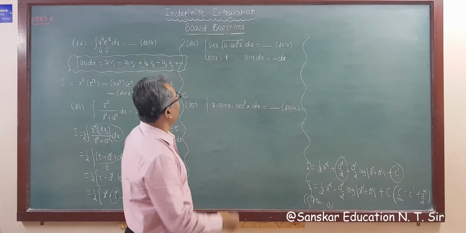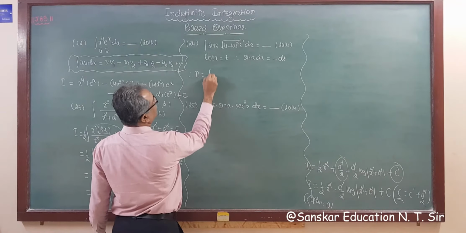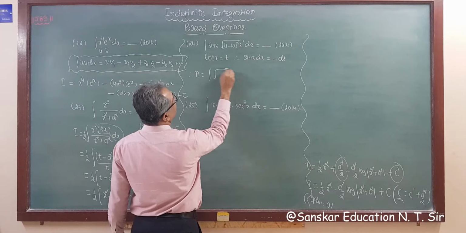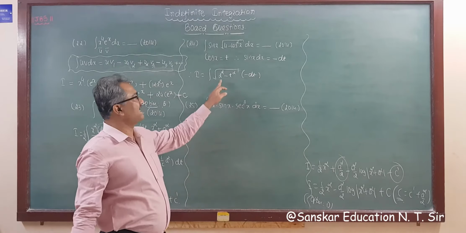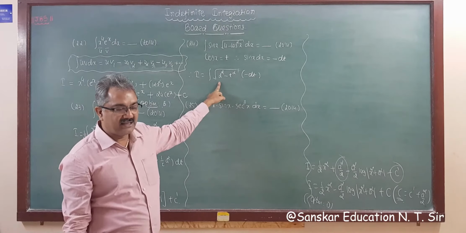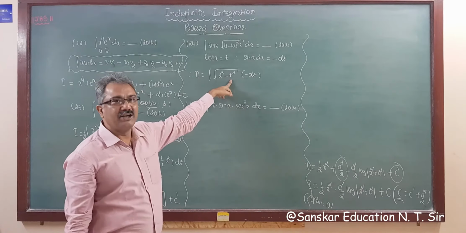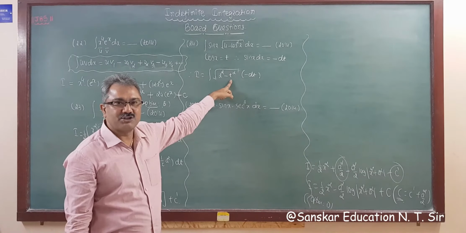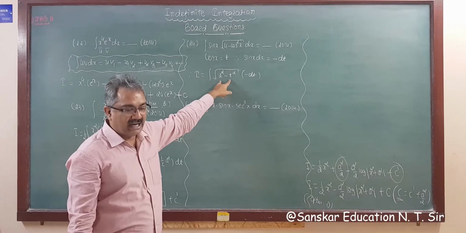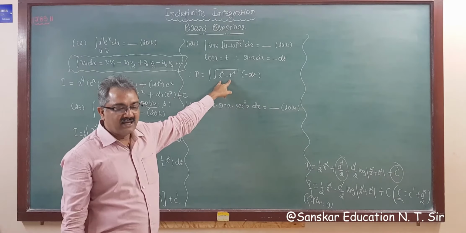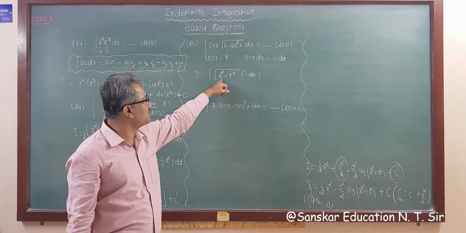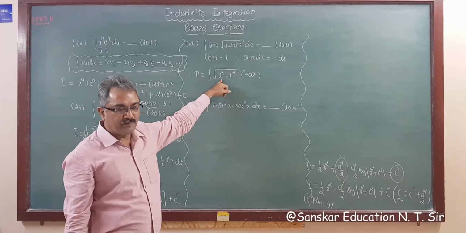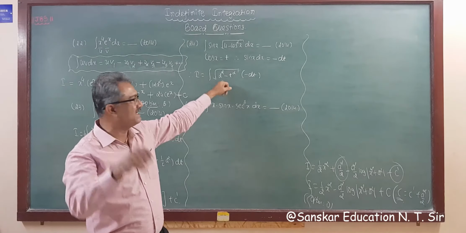So I will be integration of 2 square minus t square and minus dt. So applying the a square minus x square formula that you know, your answer will be t by 2 under root as it is, and minus is outside. So minus t by 2 cos x by 2 is there, and then plus a square by 2, but minus is outside, so minus 4 by 2 is 2. So minus 2, I think option C is your correct answer.